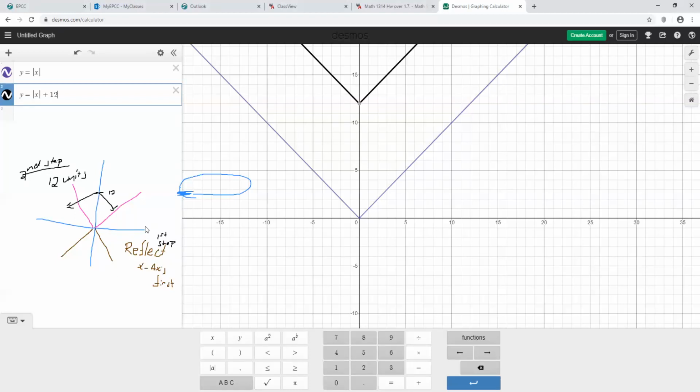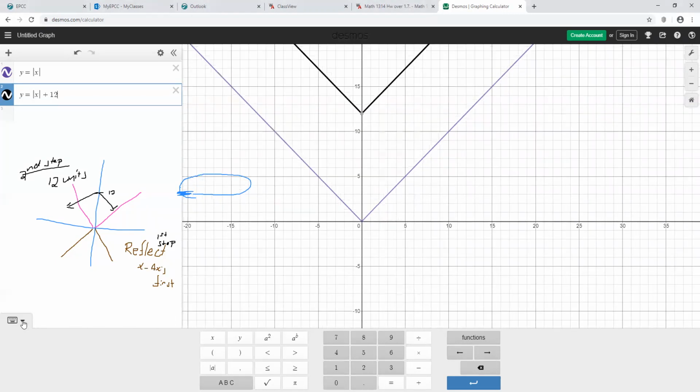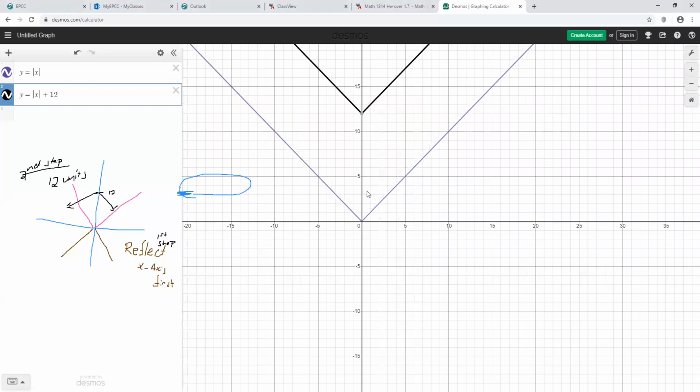But if instead of reflect first, we move it up 12 first, that's what's over here. Now reflect this over the x-axis, and what's going to happen, Megan, when we reflect this now over the x-axis? Instead of opening upward, it's going to open which way? Downward. And instead of being 12 units up, it's going to be what? 12 units down. So good.